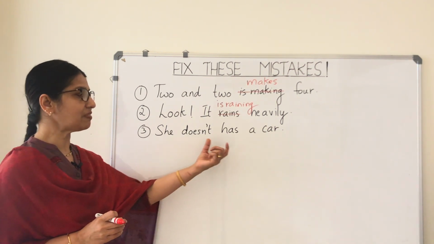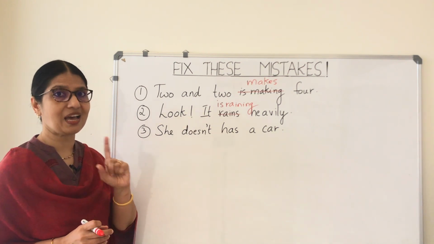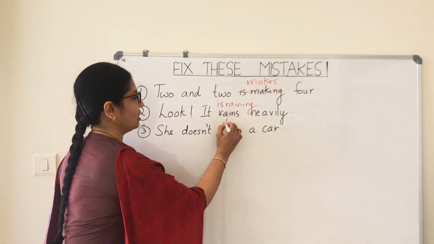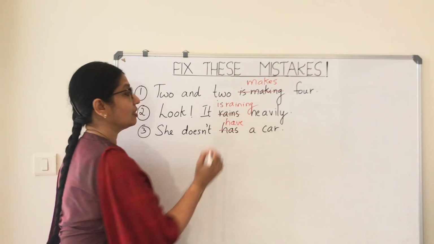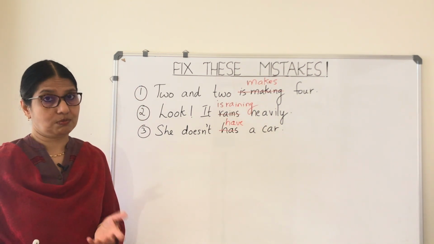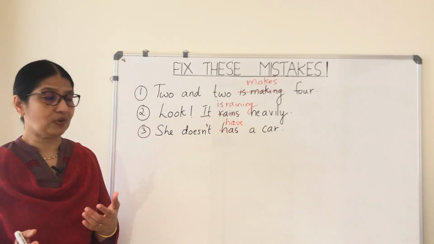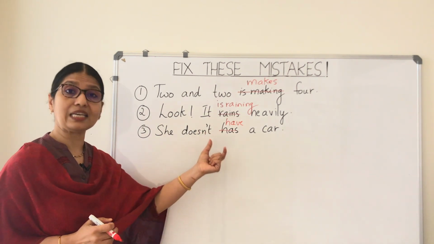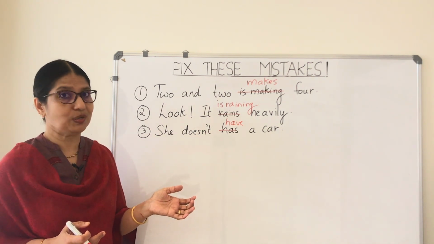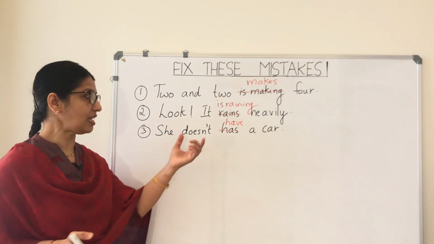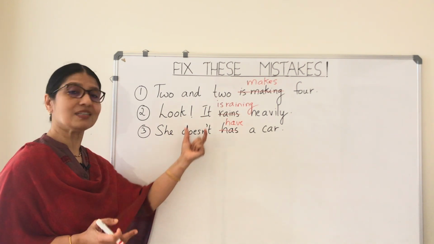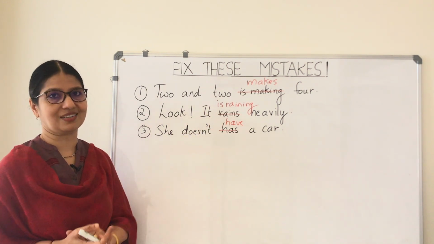So what is the base form of this verb? It should be have. So this is the mistake. I have to use here have. So if it was any other verb, for example, she doesn't eat breakfast. We don't say eats. So it's the same thing I have done here. She doesn't, the root form, have a car.